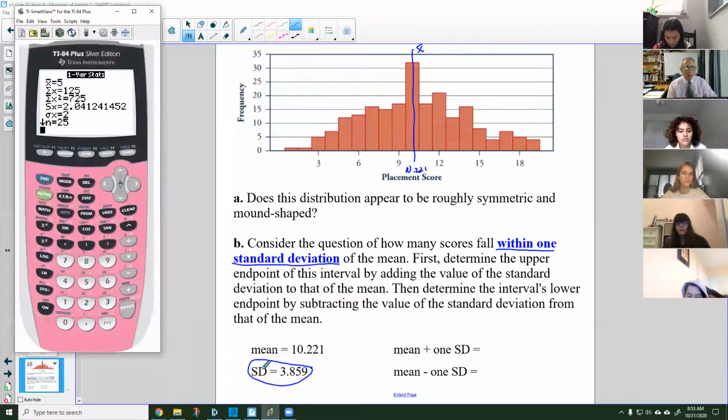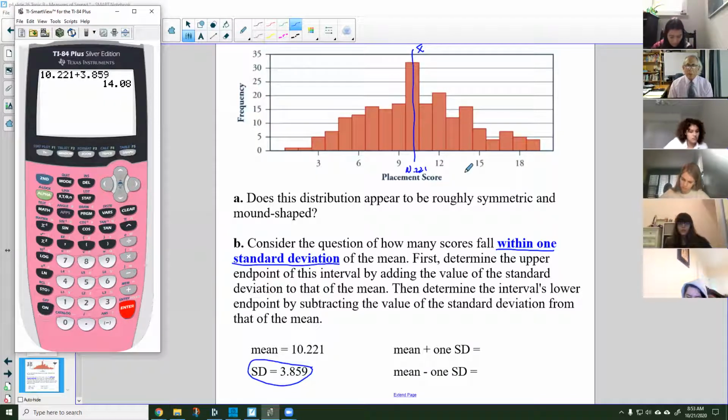Okay, so one standard deviation, the average distance from the mean, is 3.859. So I'm going to take my mean of 10.221 and add one standard deviation, 3.859. And I find out one standard deviation above the mean is 14.08.